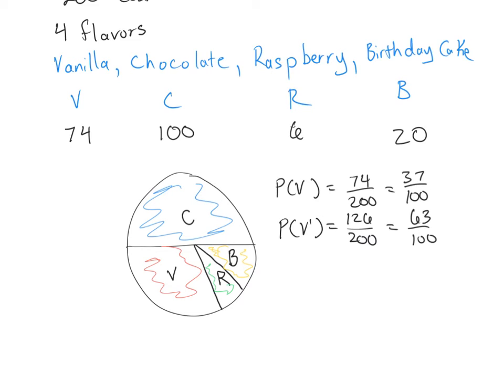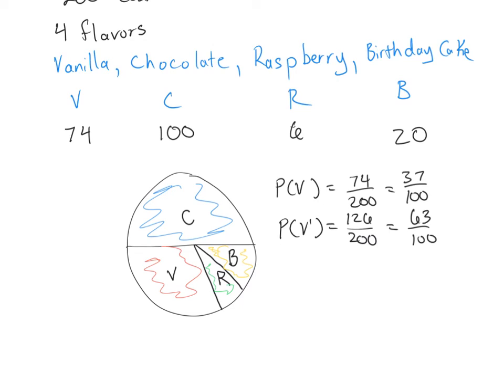Let's take this chart again and think about what if we didn't know that it was 200 people. Let's say it was a different day. The percentages are still the same, but we did not actually have 200 people. Instead of 200, we had a big booming day and we actually had 500 customers.